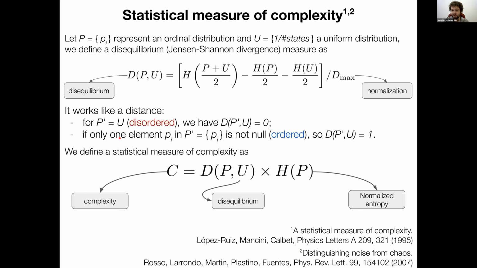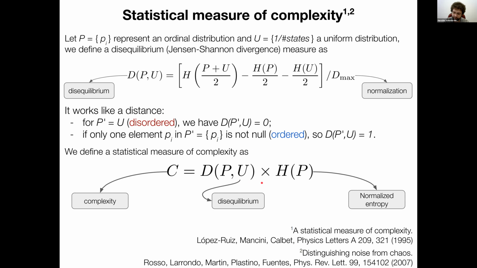At the other extreme, if we have a very ordered system where we have only one probability and all the others are zero, the disequilibrium will be maximum. And because we are normalizing here, we have a disequilibrium equal to 1 in the case of a very ordered system. And what we define as a statistical measure of complexity is actually the product between the disequilibrium and the normalized entropy, exactly as I am showing here.